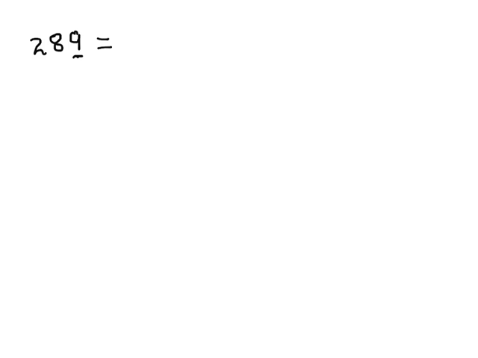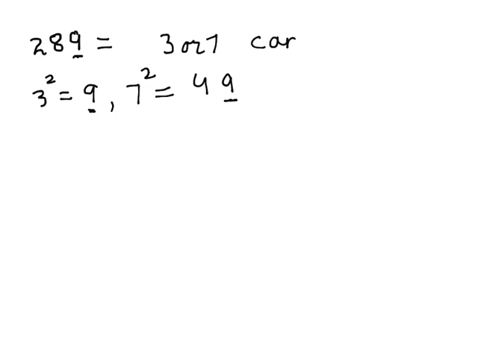So it can be the square of a number that ends with 3 or 7, because we know 3 square gives us 9 and 7 square gives us 49, which will have 9 at the unit place.